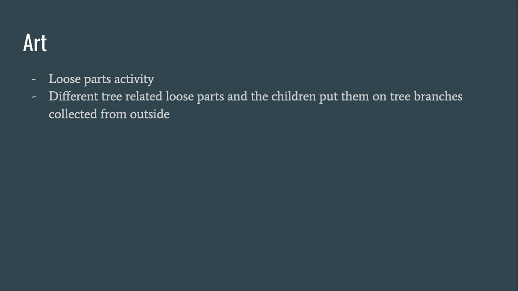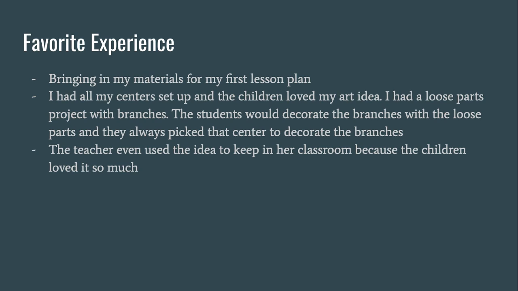I wanted to do, let's decorate this tree like it's summer, so they would use the green parts, but that didn't really work out. But they still had a great time working with the loose parts and decorating the tree, and the students really loved it, and they continued using it even after the lesson was done, and the days after my lesson.